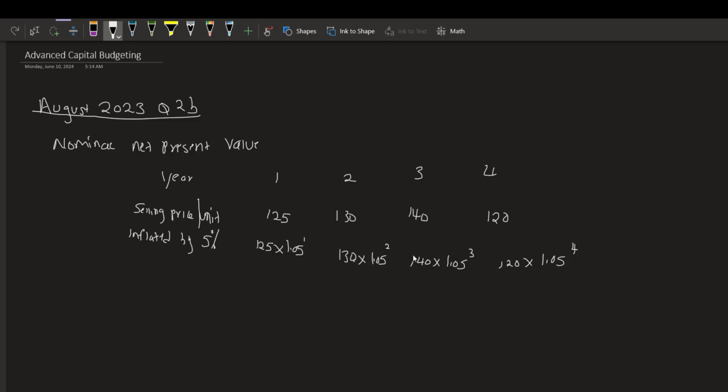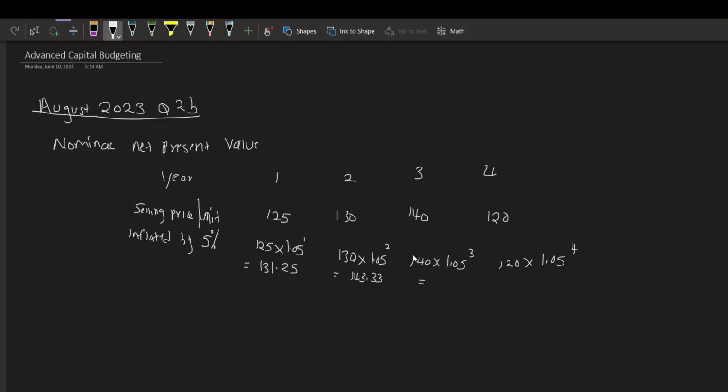Now let's go ahead and multiply this. We get the actual prices. So 125 multiplied by 1.05, we get 131.25. Here we get 143.33.